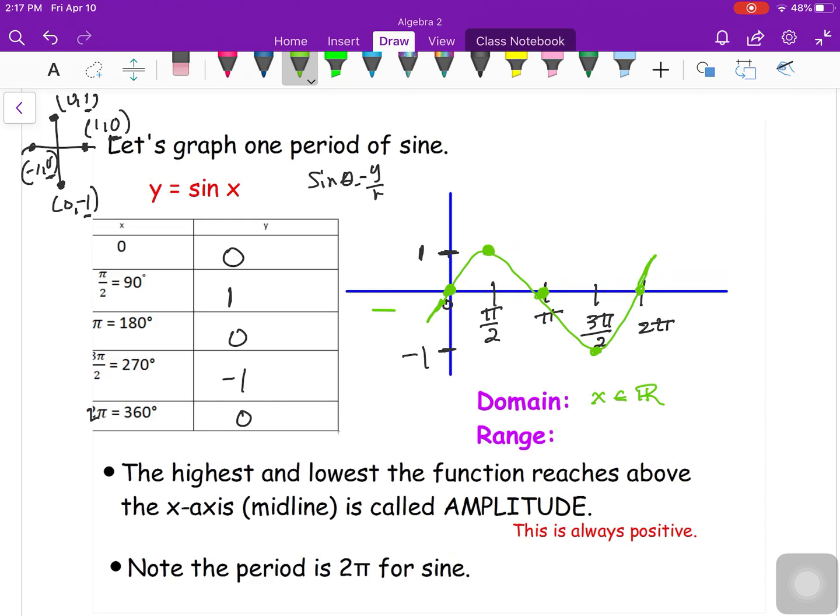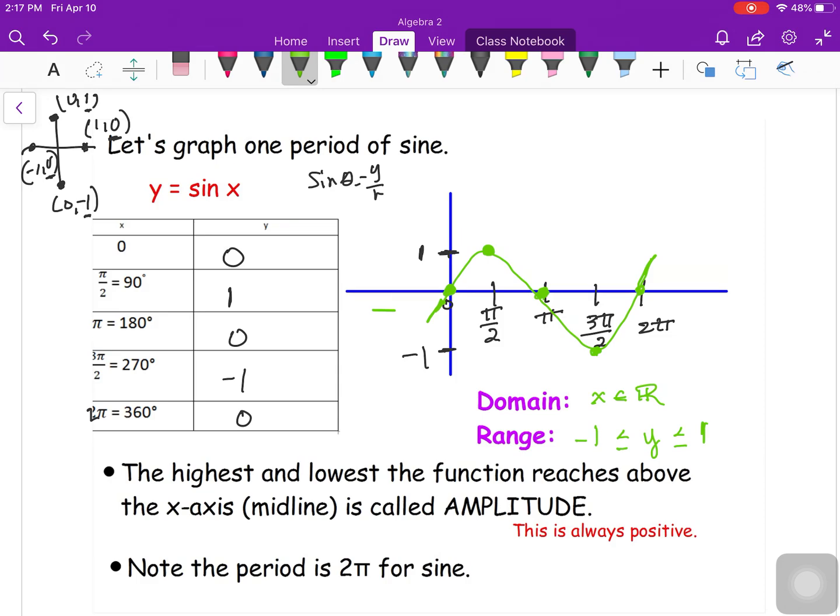I can see my lowest is a -1, and I am equal at a -1, and my highest is 1, so I'm equal there as well. So -1 is less than or equal to y, which is less than or equal to 1.